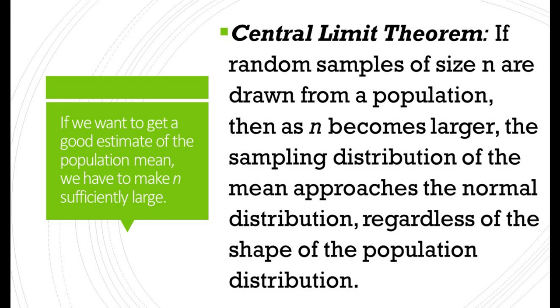According to the theorem, if random samples of size n are drawn from a population, then as n becomes larger, the sampling distribution of the mean approaches the normal distribution regardless of the shape of the population distribution.